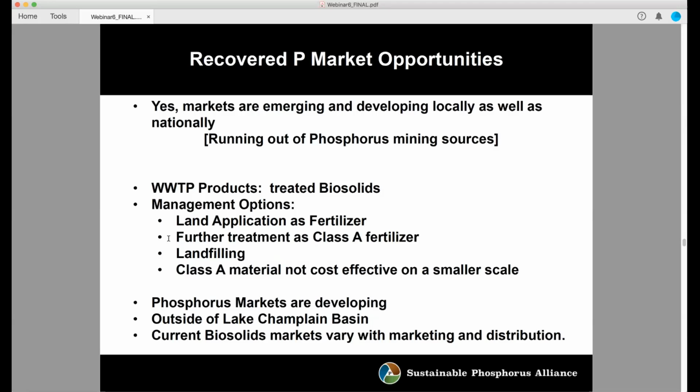So there is a potential for these biosolids to be used as a fertilizer. If there are no pathogens, then we can apply these biosolids as a Class A fertilizer. If any pathogens are left, then we will further treat this and apply it as a Class A fertilizer. Again, this is all a part of the research which we are going to explore in the next few months.